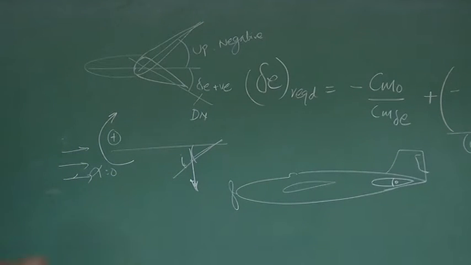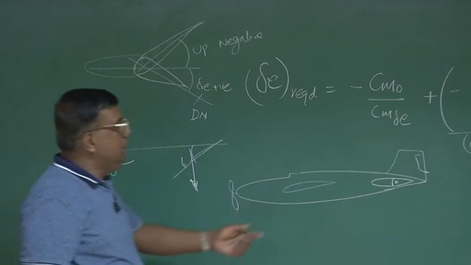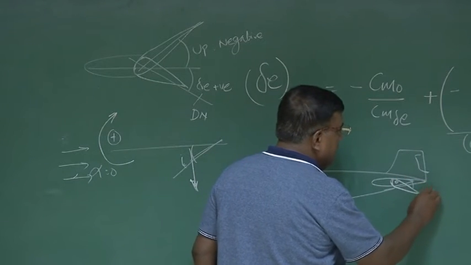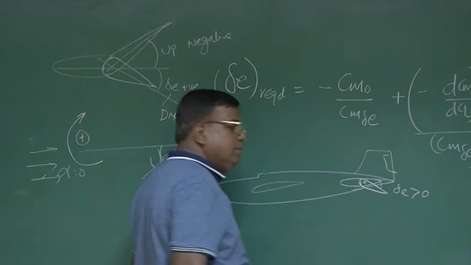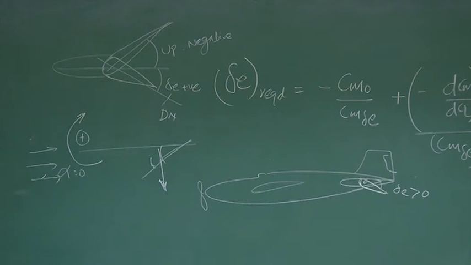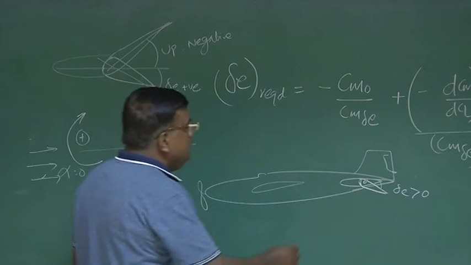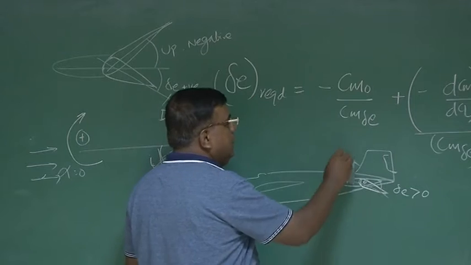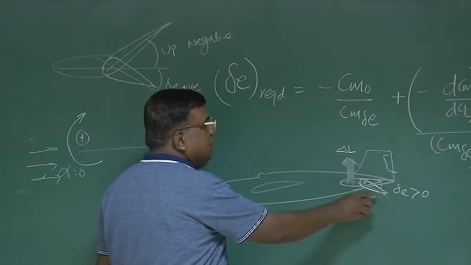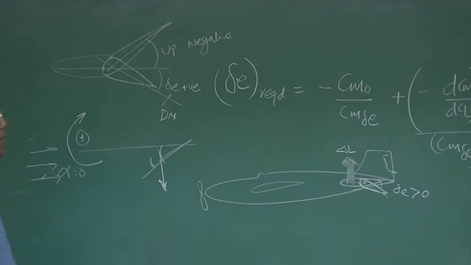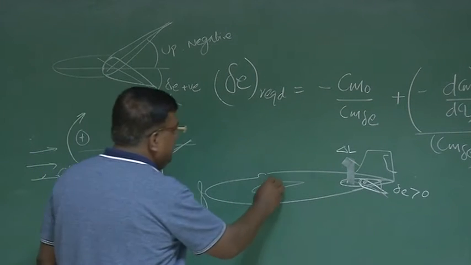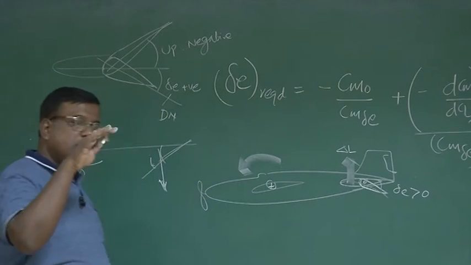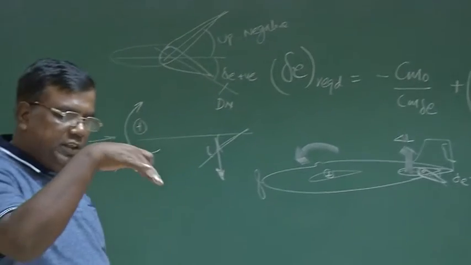So now tell me, if this is the horizontal tail, and I have deflected this downward, I know delta E is positive by sign convention. What will this delta E do? This will change the camber of the horizontal tail, so there will be additional lift because of this at alpha equal to 0, and this lift will give a moment about the CG in a nose down manner, that is, it will pitch down.